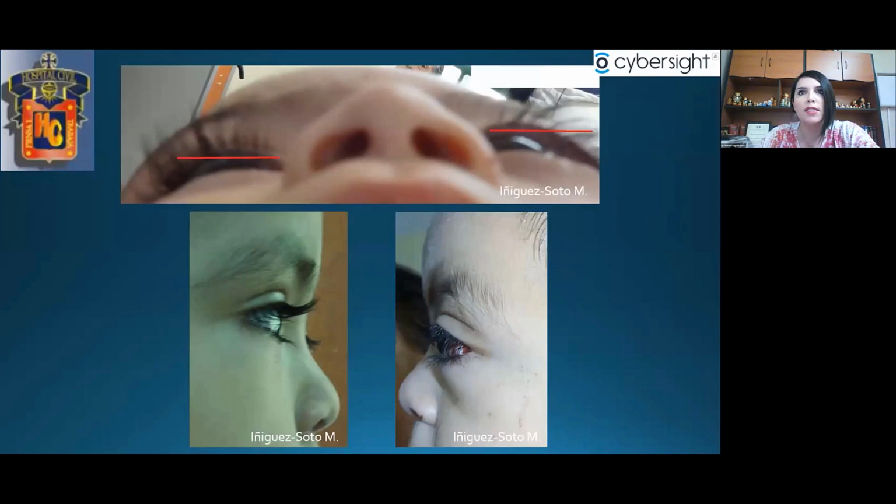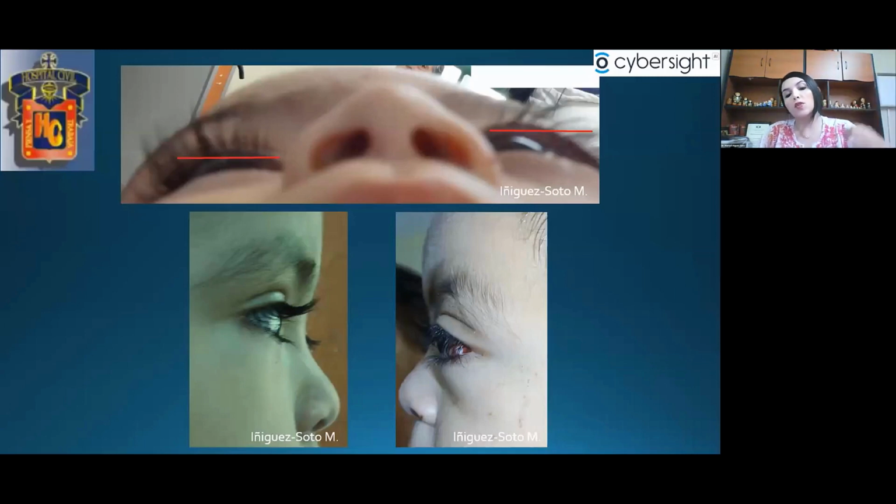And this picture is very useful because sometimes maybe we can think that it's the position of the head during the picture, or maybe the patient moved during the exploration. But with this position of the head, in worm's eye view like this, we can see that there actually is a proptosis.